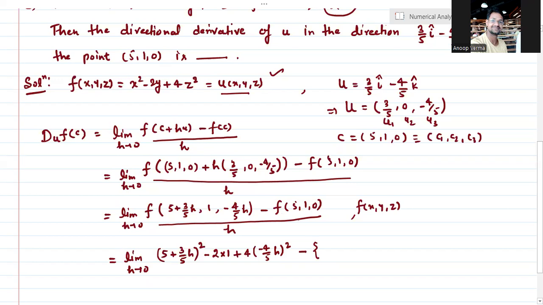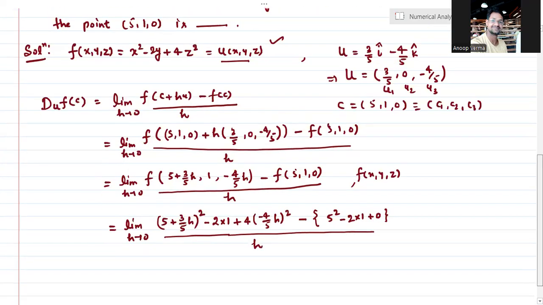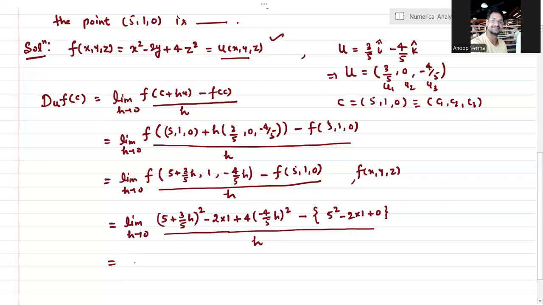the function value at the point (5, 1, 0). So you will have this is 5 square and minus 2 into 1 is here, and z is 0 here, it will be 0. Okay, and divided by h. So let us see what will remain. So this is limit h tending to 0.